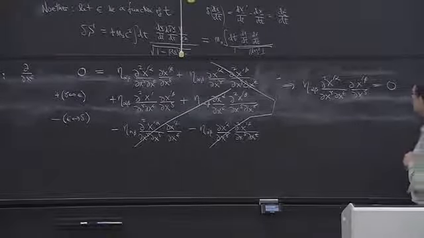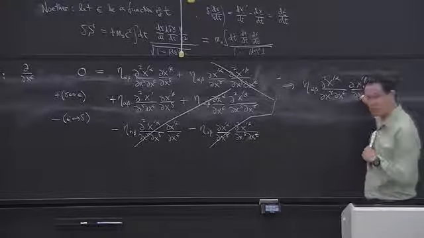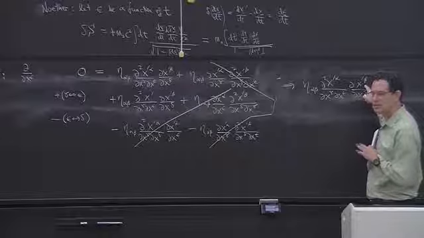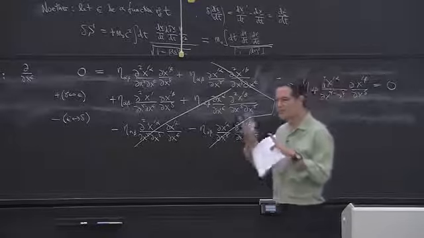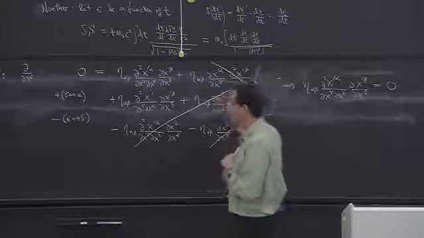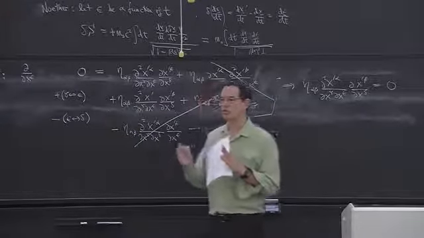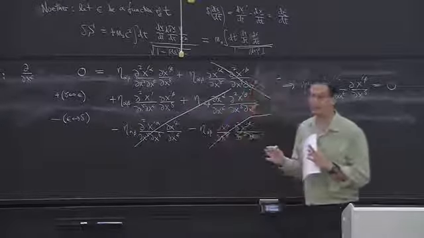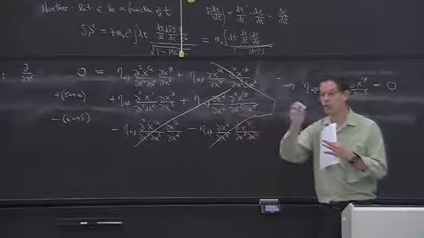Now that's an interesting equation because eta is an invertible matrix, and this is also an invertible matrix. By the way, this is the definition of a good coordinate transformation, a non-singular coordinate transformation: the coordinate transformation matrix should be invertible. It means you can basically go back and forth between the two coordinates locally.